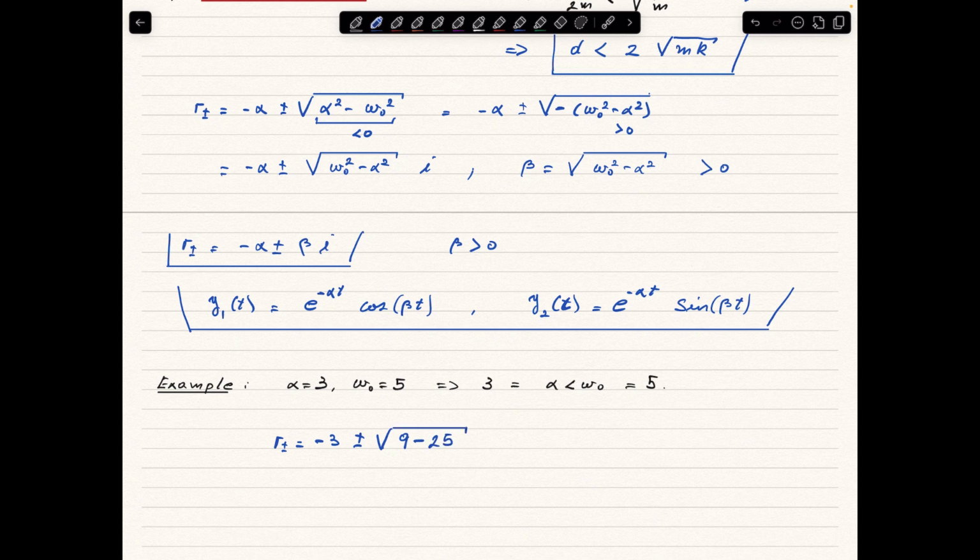And as you see here, this is what we have written, and we clearly see that this is negative, like we mentioned before. This number here is a negative number. So if we want to compute the square root, it's a pretty good idea to write it as negative 3 plus minus the square root of a positive number, 25 minus 9, with a negative on the front, which is what we did here.